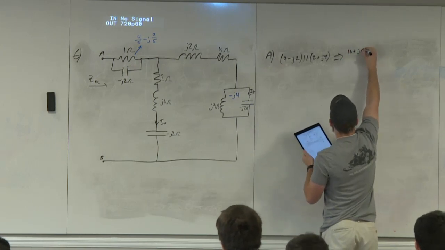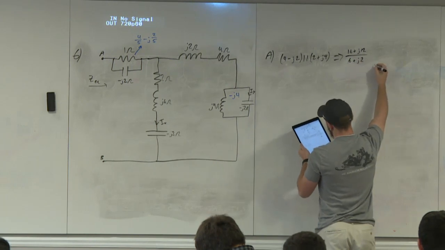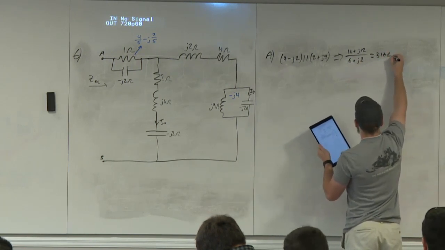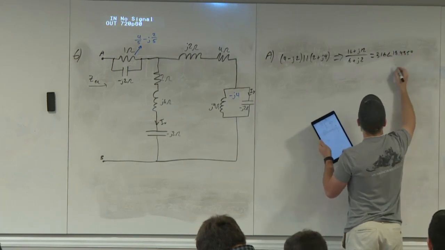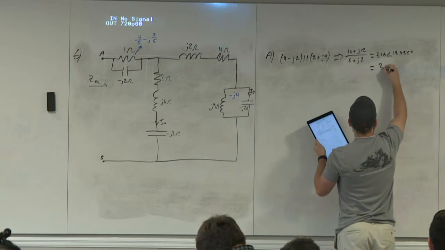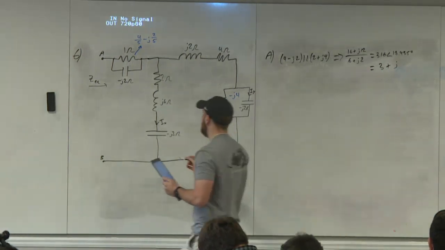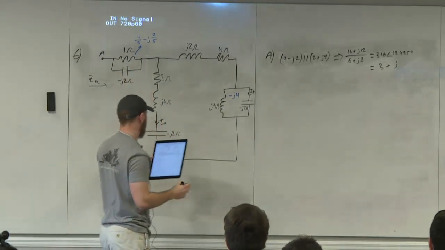So then you end up getting 16 plus j12 over 6 plus j2. That ends up equaling 3.16 angle 18.435 degrees, which is equal to 3 plus j. So now we just have it simplified to 3 plus j here plus that element.